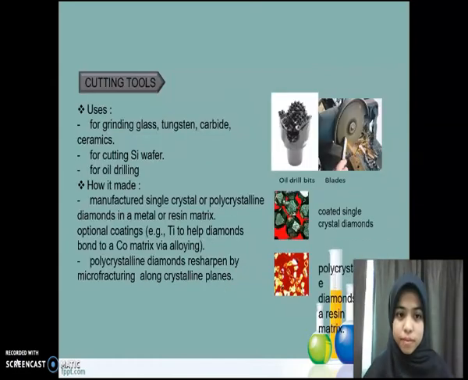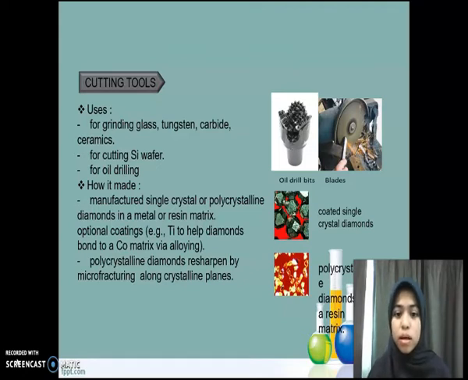Okay, for cutting tools, used for grinding glass, tungsten carbide and ceramic. For cutting silicon wafer, hard things, we use ceramic to cut silicon. Then for oil drilling, to dig hard oil deposits underground, we also use ceramic to drill. So how is it made? Manufacture single crystal or polycrystalline crystal diamond in a metal or resin matrix.